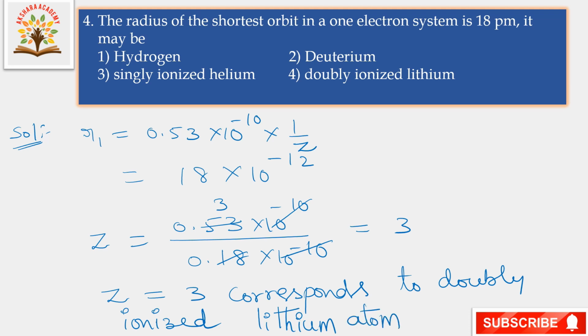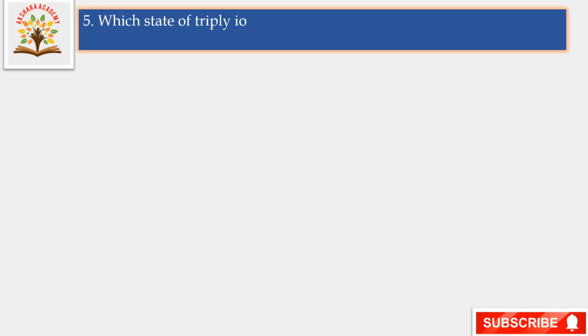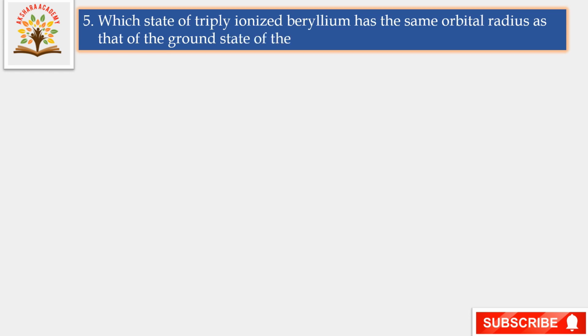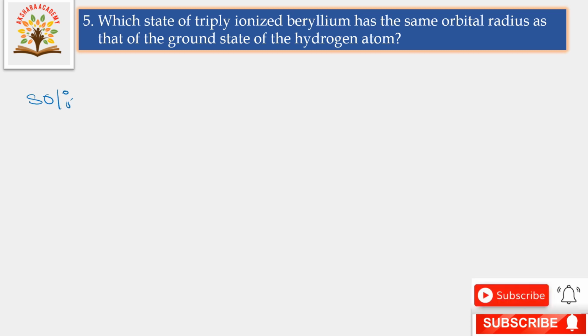Okay, next we'll go to the next question. Which state of triply ionized beryllium has the same orbital radius as that of the ground state of the hydrogen atom? Now let us go to the solution.